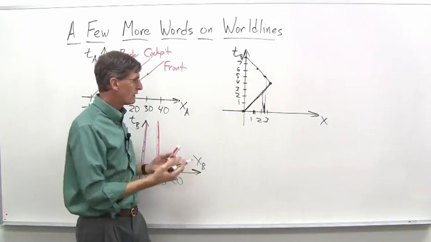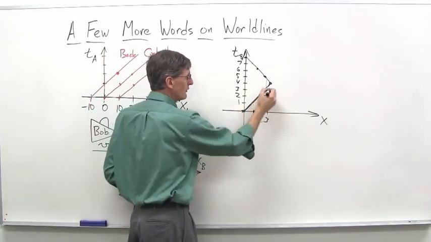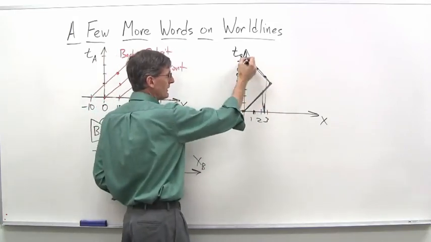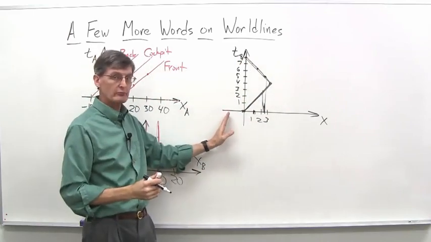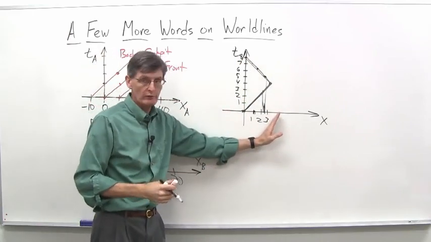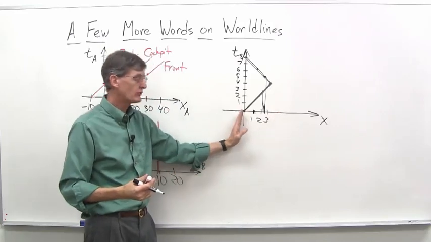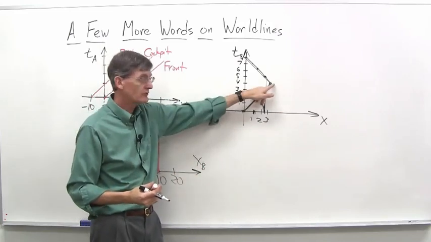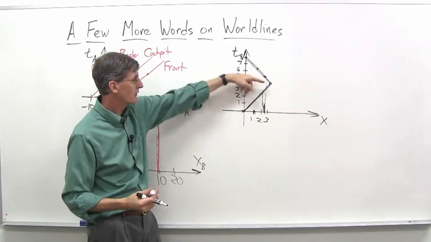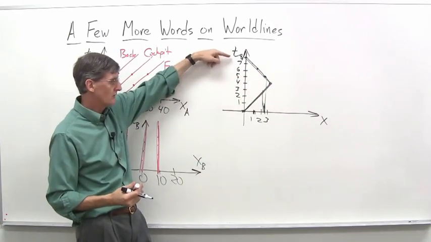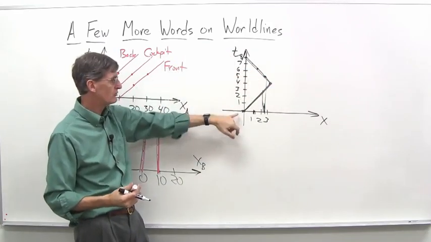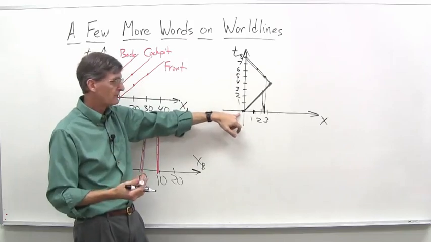So a world line that moves out like that and then back like this represents an object that has moved out to position 3, and then as time continues, has moved back to position 0, where it started from.